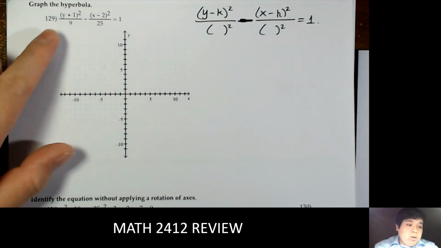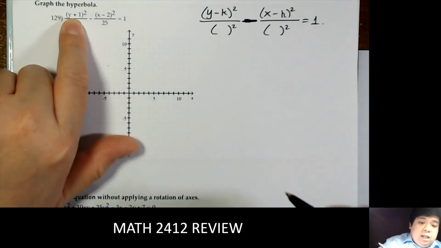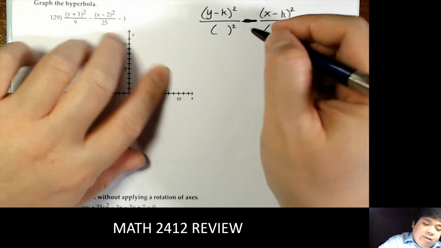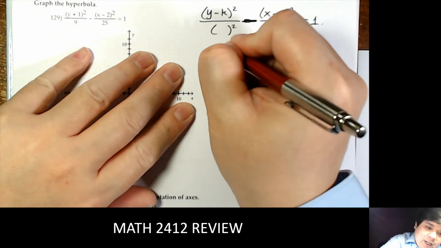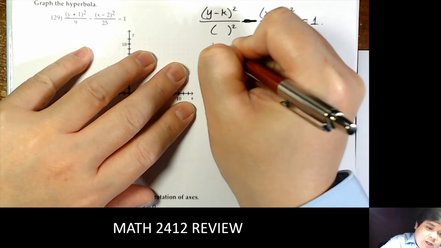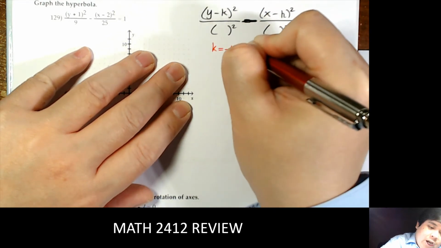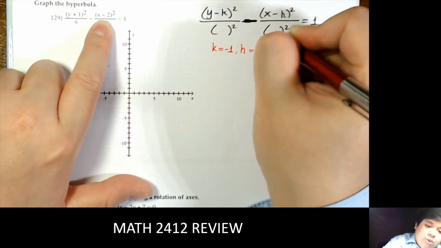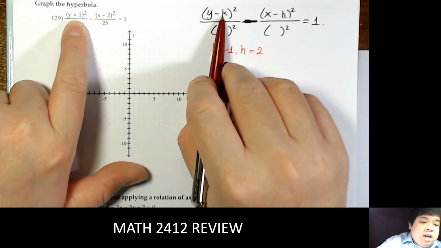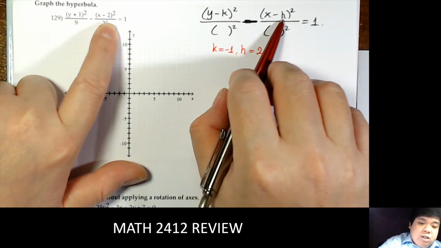From this equation we have k is negative 1 and then h is 2, right?